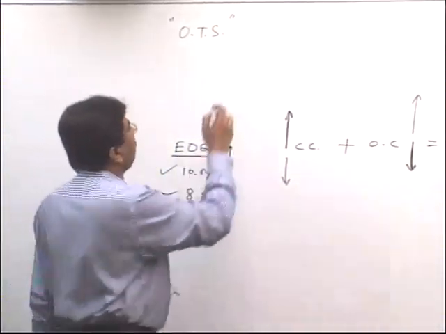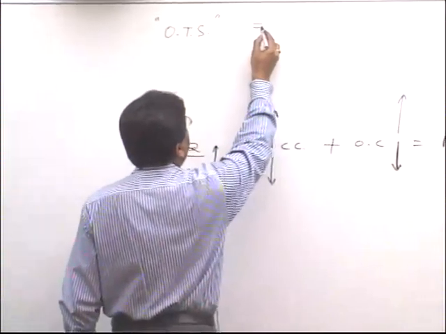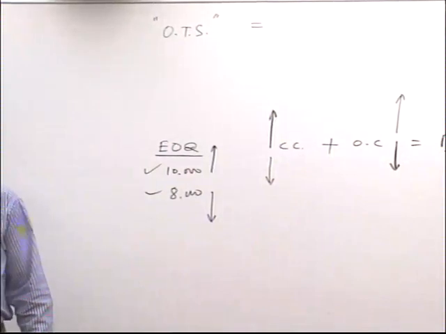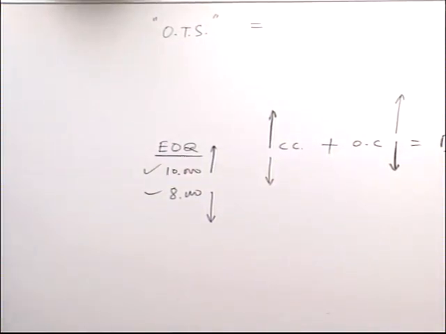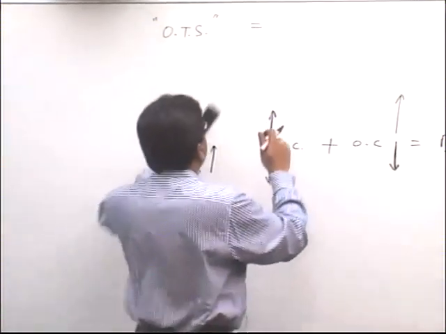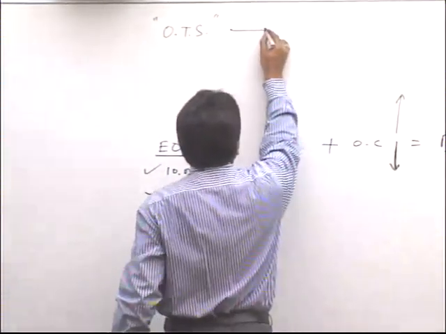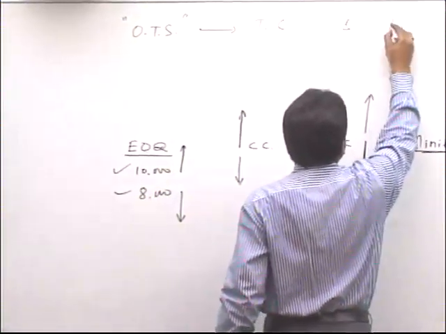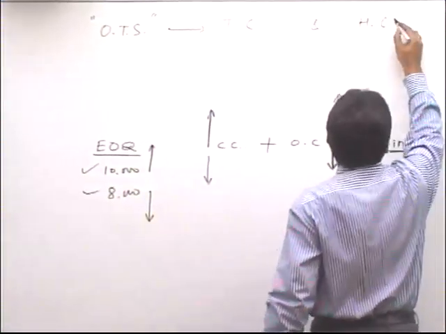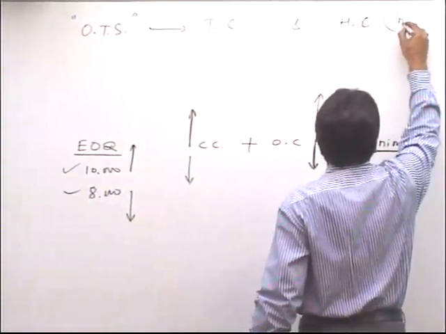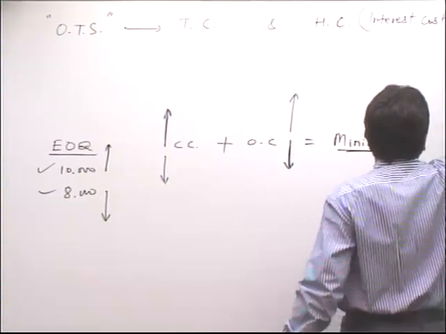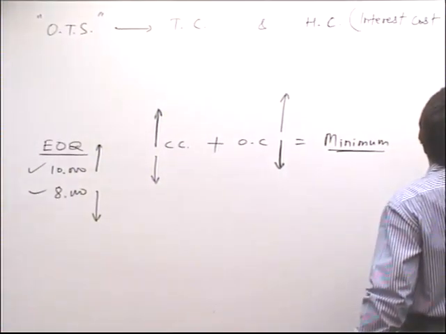And this optimum transfer size is affected by two types of cost. In this sum, these costs are fixed transaction cost and fixed holding cost. Holding cost is also called interest cost, or interest cost of cash on hand.